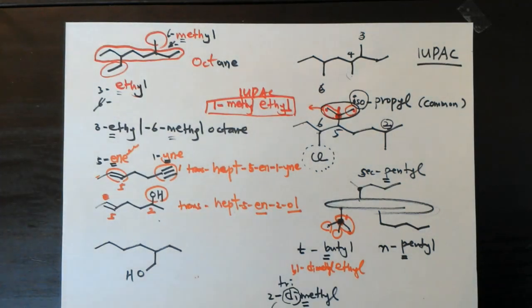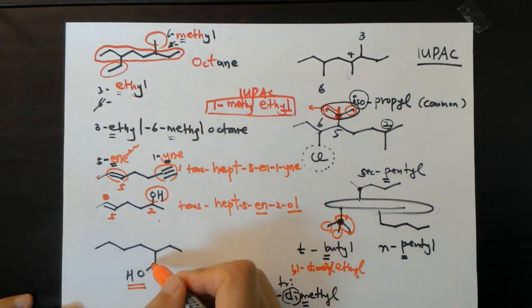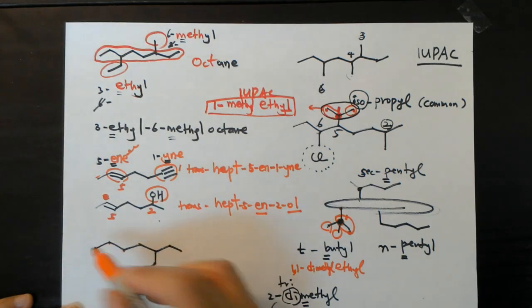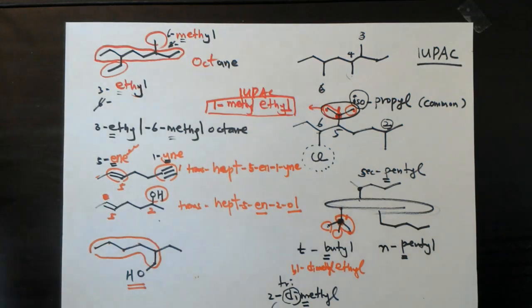Let's look at the next one. Which one's the longest chain? You want to say 2, 4, 6, 7, but it's not, because you have to include OH in the main chain if it's possible. So although 1, 2, 3, 4, 5, 6 is shorter, you choose that as the main chain. So the rule changes.